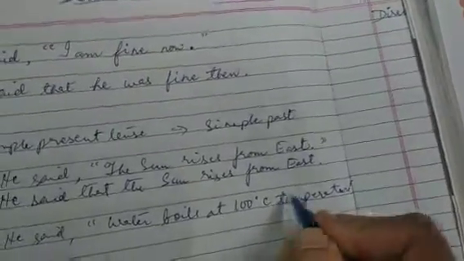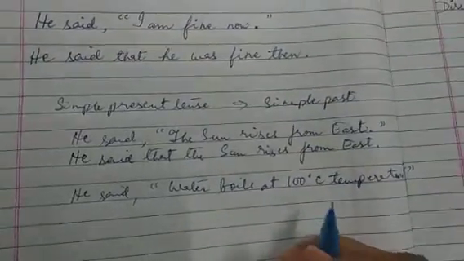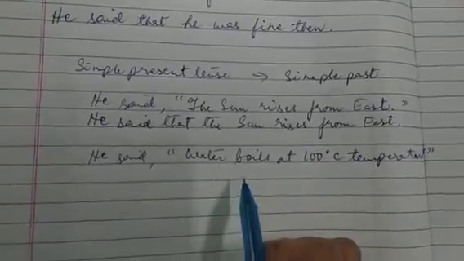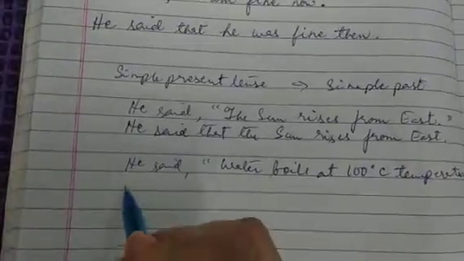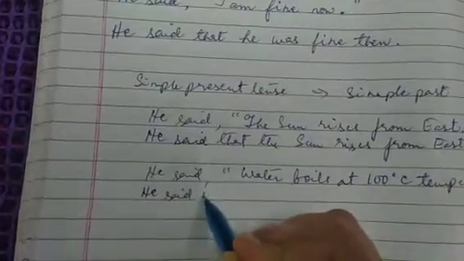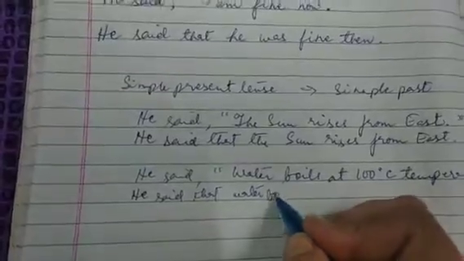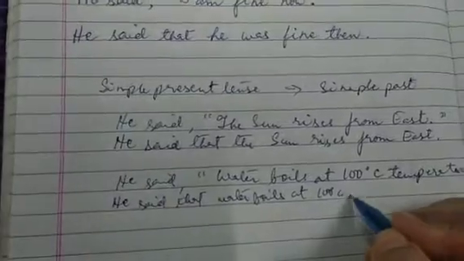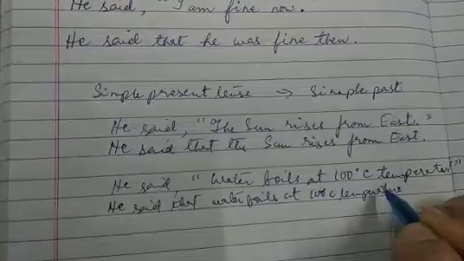So what we see here, this is a fact. It is another fact which always happens. So here also the tense will not change. It will be written as, he said that water boils at 100 °C temperature. So this doesn't change here.